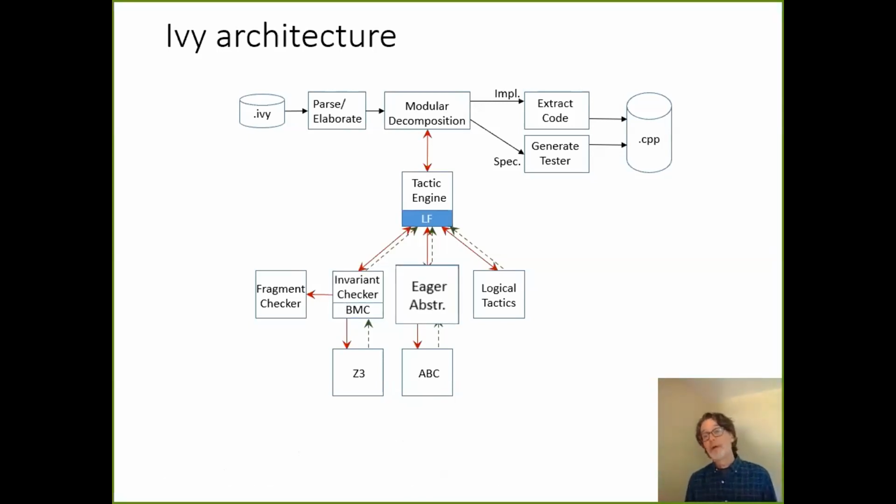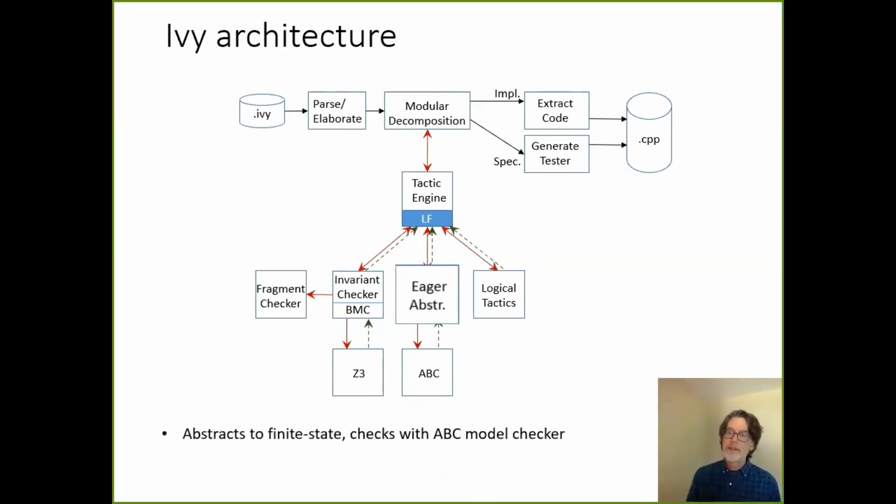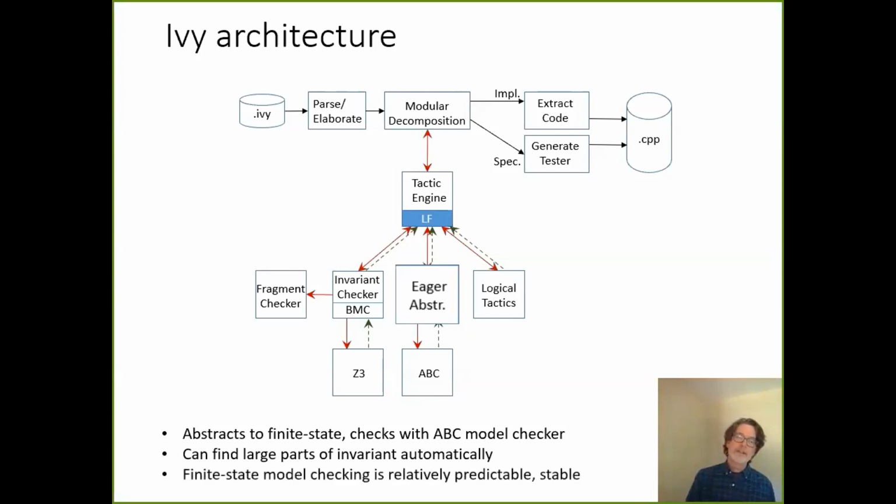Another approach that we can apply is so-called eager abstraction. That is, we can abstract an infinite state system to a finite state propositional logic system, and we can use a model checker like ABC to check it. This has the advantage that we can potentially find large parts of the inductive invariant in an automated way, whereas at the same time, finite state model checking is relatively predictable and stable as compared to infinite state model checking.